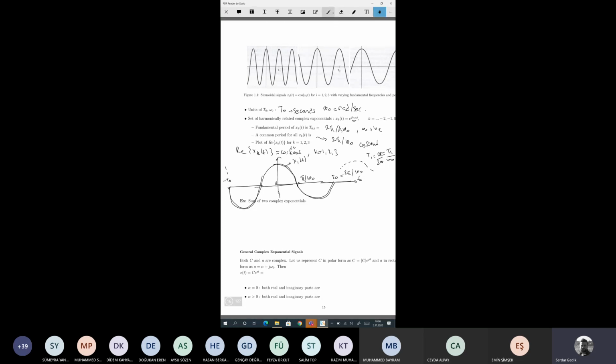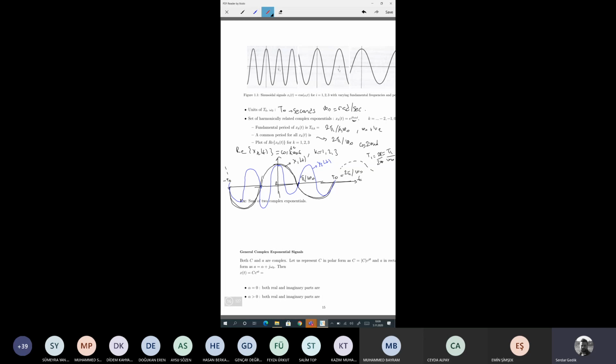So let's draw x2 of t. This is my x2 of t. It is 2 times faster than my x1 of t.